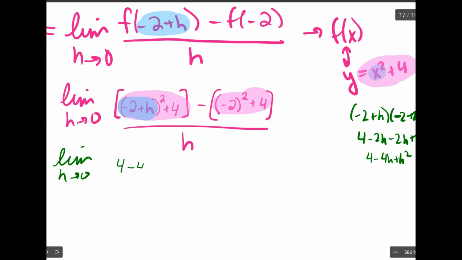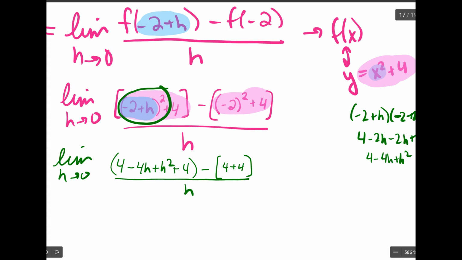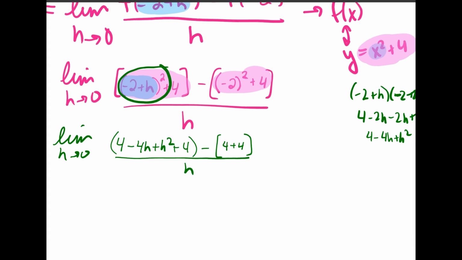That was this segment right here. But then don't forget to do your plus 4 minus, let's see, negative 2 squared is 4. 4 plus 4 is 8, all over h. I'm trying to show you every step.